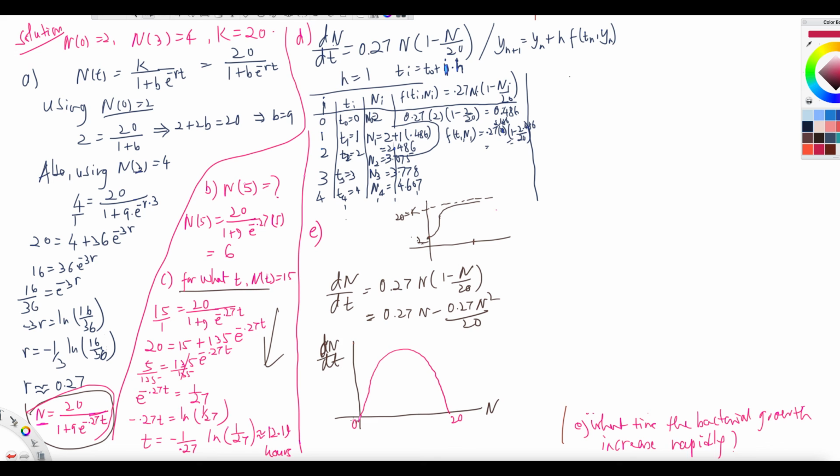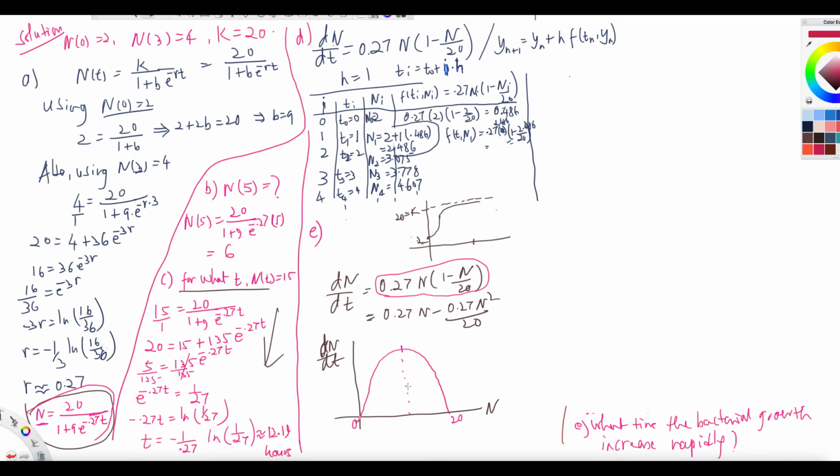The rate of change is positive between 0 and 20, because the graph is above the N axis there. Until the halfway point, the rate of change is increasing, and after that the rate of change is decreasing. But it is positive between 0 and 20.